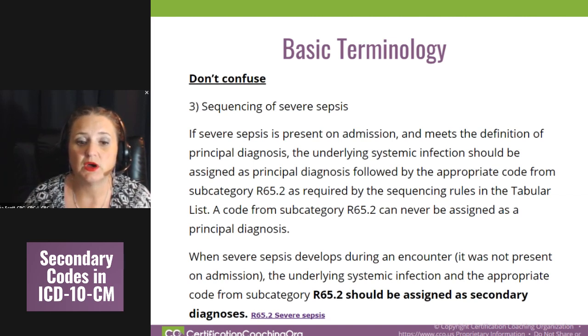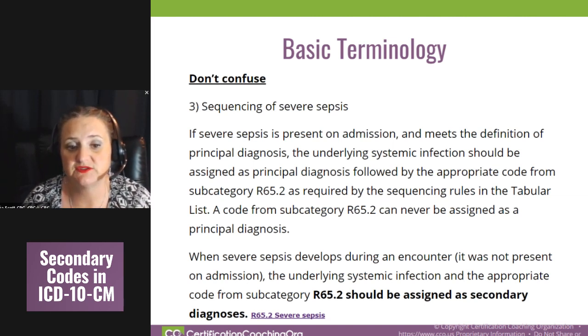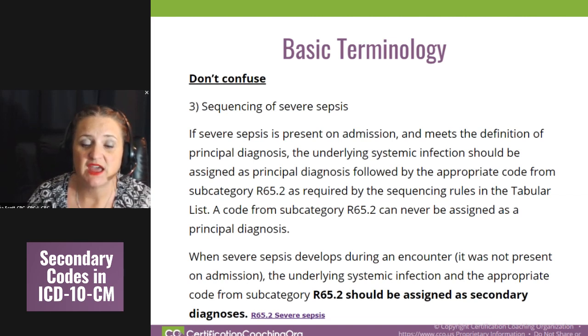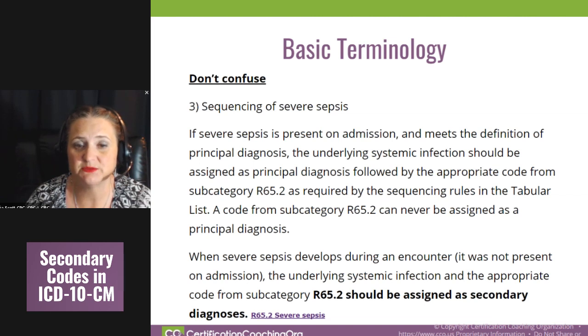And the code that you want to pay attention to is R65.2. Okay, so you could have an underlying systemic infection, and it has tripped into severe sepsis. And then you're going to show that the R65.2 is going to be assigned as a secondary diagnosis, right?